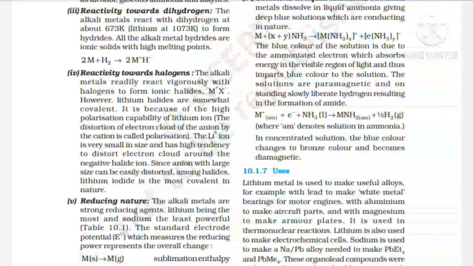The alkali metals react with dihydrogen at about 673 Kelvin, lithium at 1073 Kelvin, to form hydrides. Alkali metal hydrides are ionic solids with high melting points. 2M plus H2 to form 2M positive, H negative.